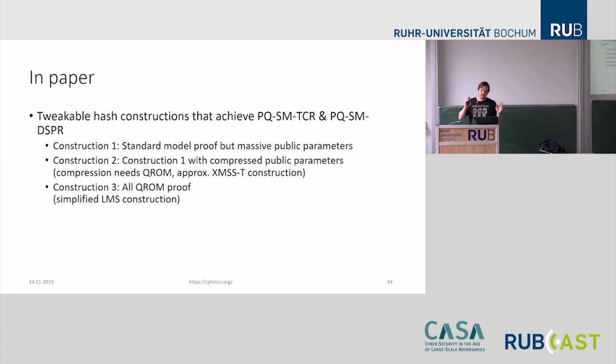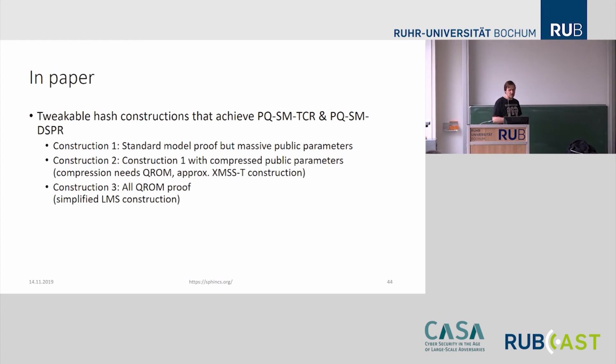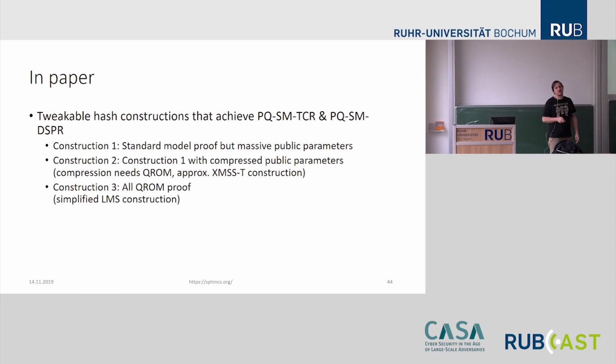Well, these multi-target versions, but no interactive assumption there. Then we've got an efficient construction which just adds public parameter compression using a QROM argument. And then the third one essentially uses this LMS kind of construction where you just prepend everything and there you get a QROM proof.